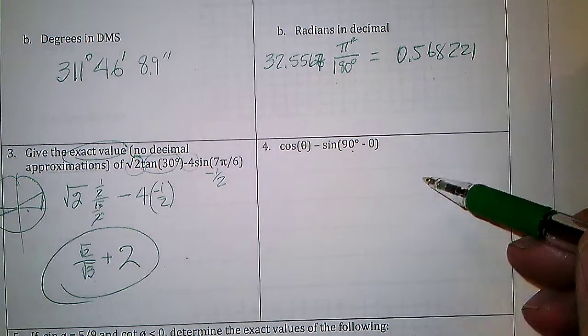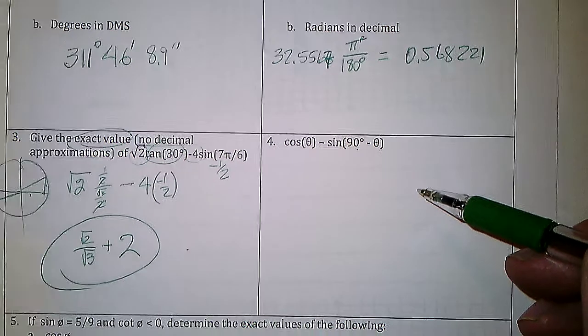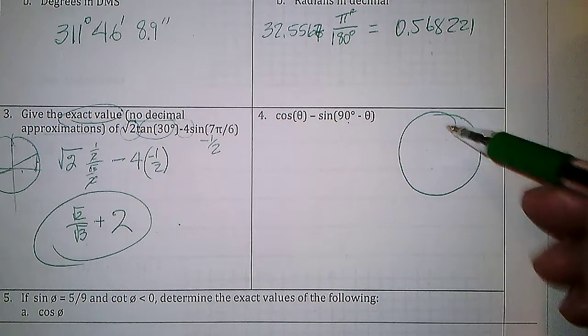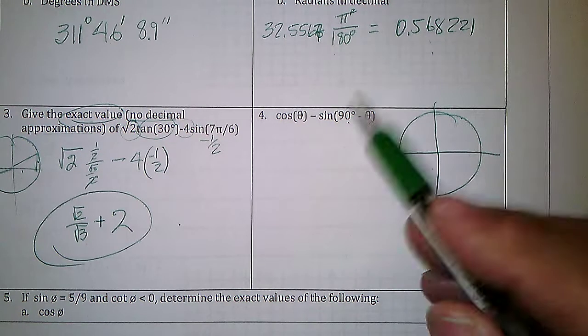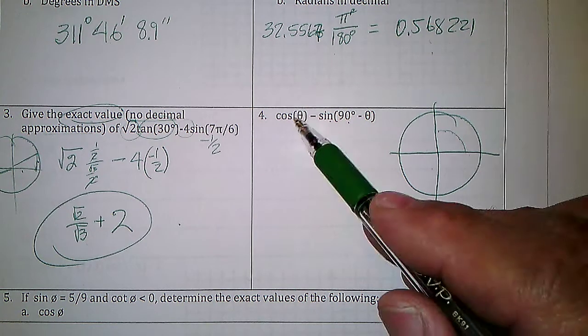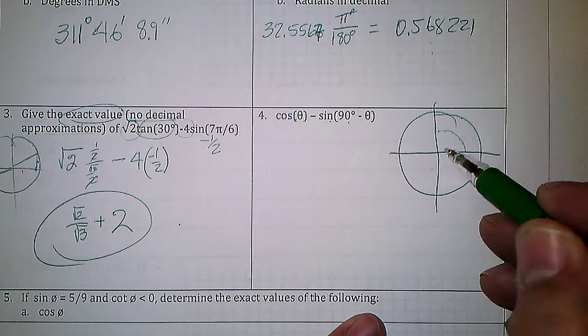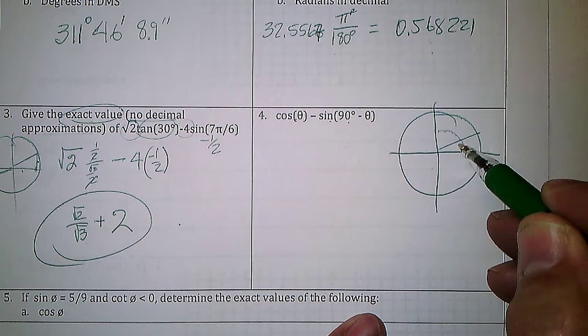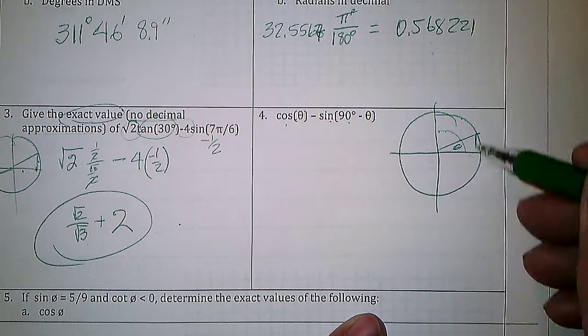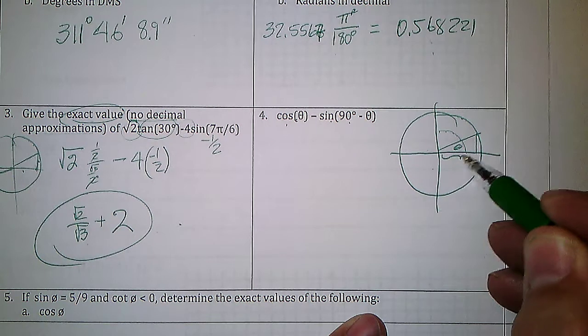This one, we didn't spend a lot of time talking about it, but we did talk a little about it. If I'm talking about sine of 90 degrees minus theta and cosine of theta, I'm going to make up an angle theta. Let's say theta is about this size. Then its cosine would be this long piece.